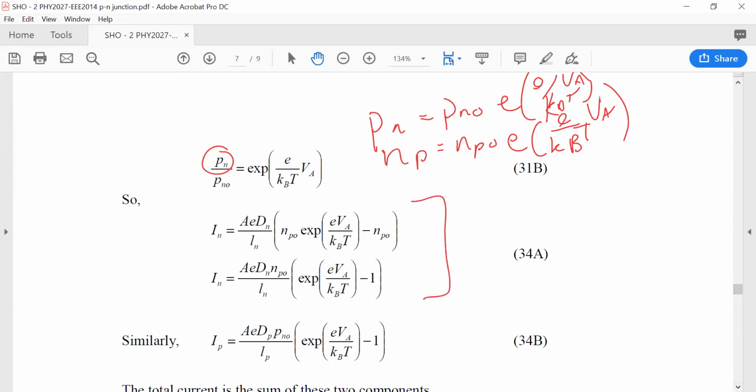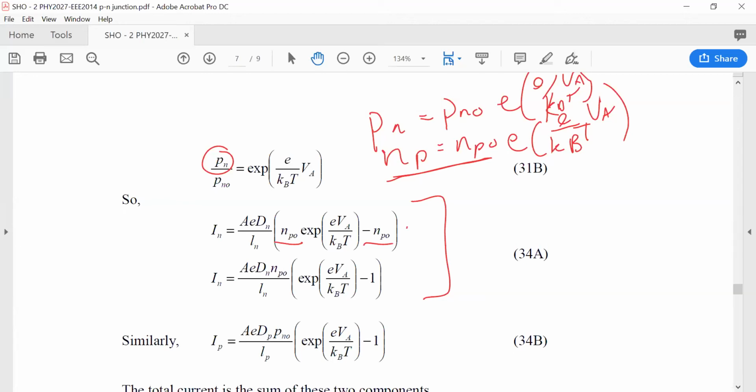It looks a bit messy at the beginning, 34A, once you've done the substitution, as we have here, where np equals np0 e to the power in 31A has been substituted in. We tidy it up because np0 here and here can be taken out. It's a constant for a given doping concentration.